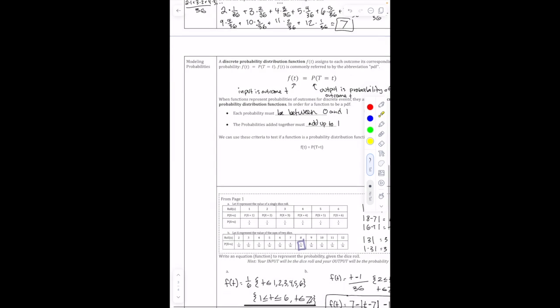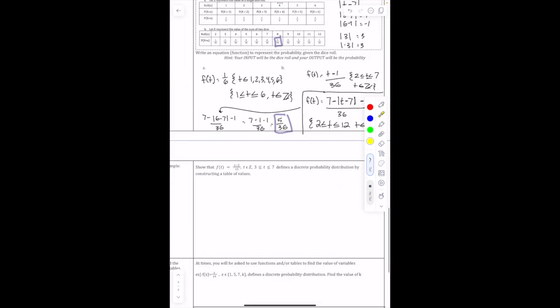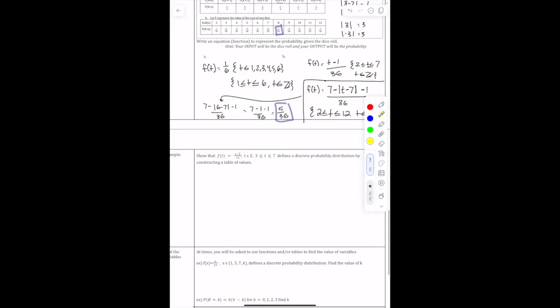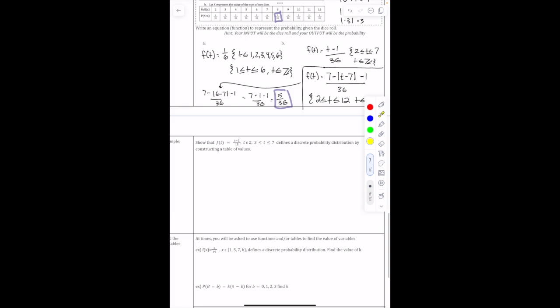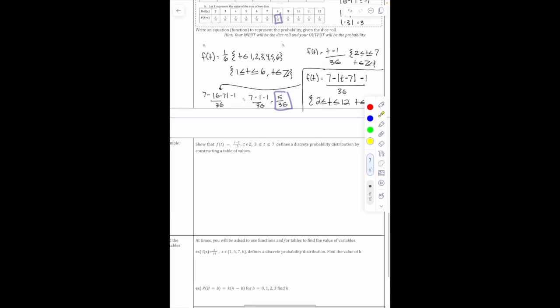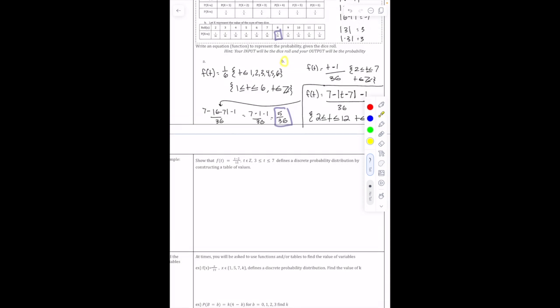If it makes sense why this one works for the first half, you're in a good spot. And if it makes sense why this one works for all of them, that's a bonus for now, since part B is more complicated than most of the ones you'll end up seeing.